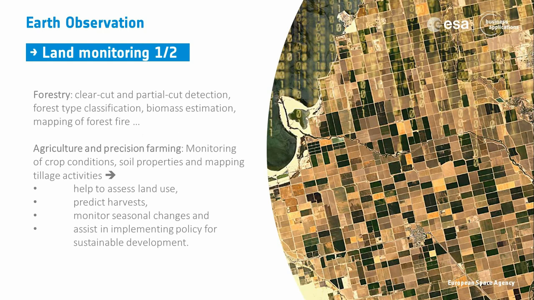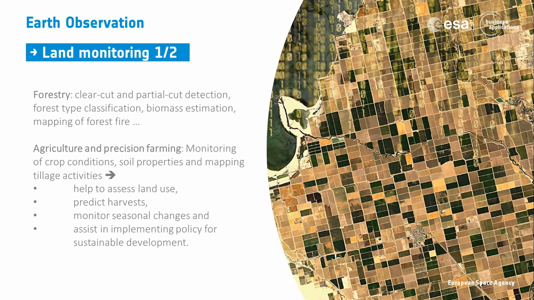Let's start with land monitoring. In this case, let's think, for example, of forestry. Earth observation can provide you indications on clear cut and partial cut of the forest, classification of the forest type, estimating biomass or detecting forest fires.